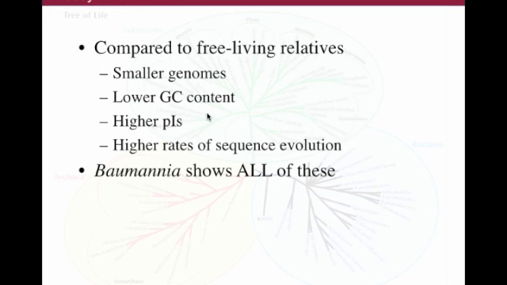But by looking for these cases where one of these things is decoupled from the rest, you can start to understand maybe that endosymbiont doesn't go through as many population bottlenecks as the other ones. Or, all of these features are found in organisms that are not endosymbionts, but are maternally transmitted from mother to offspring. There are these beetle symbionts that are not inside cells, but are between cells, and they have all of these features.